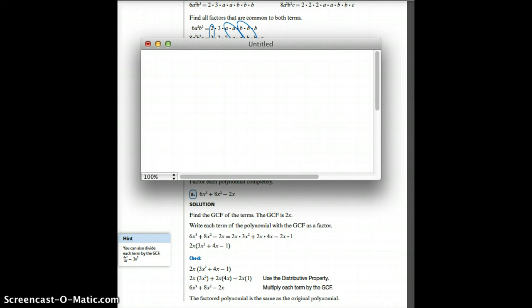Here we have an expression: 6x to the third plus 8x squared minus 2x. Now, where are the terms? Well, the terms are 6x to the third, 8x squared, and minus 2x. Now, we're going to factor out what each of them have, the greatest common factor.